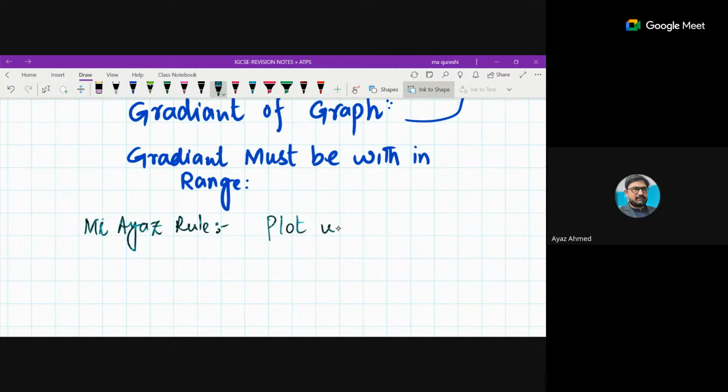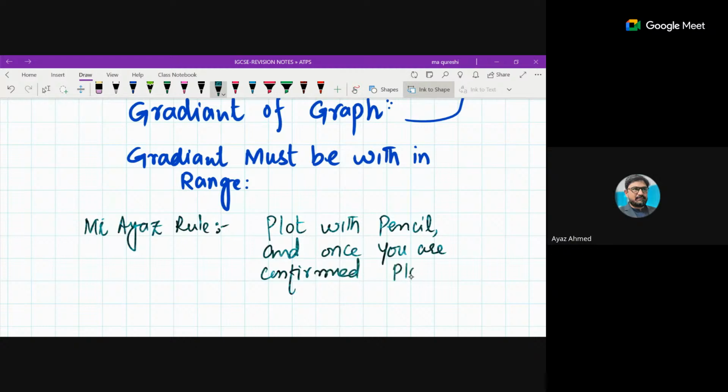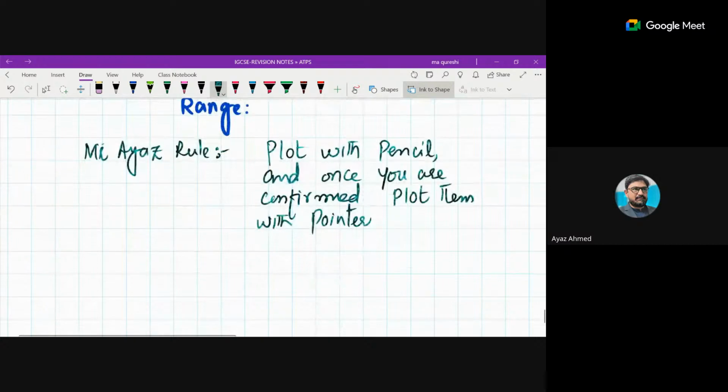Plot with pencil, and once you are confirmed that the points are to be there, plot them with pointer. Okay, is this point clear to all?